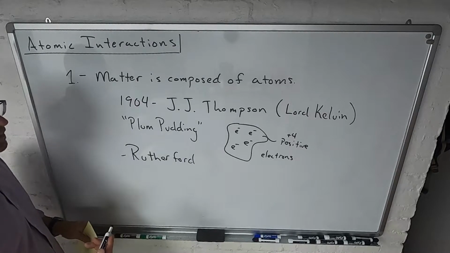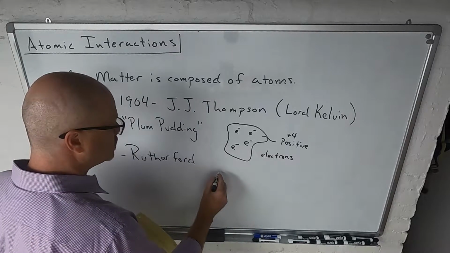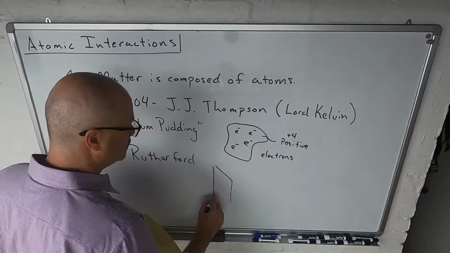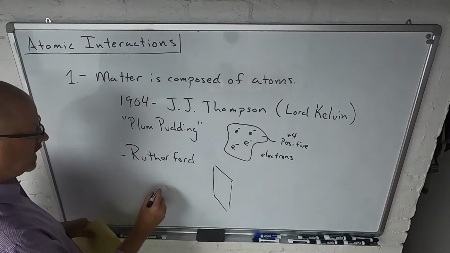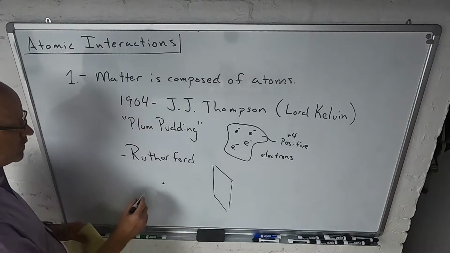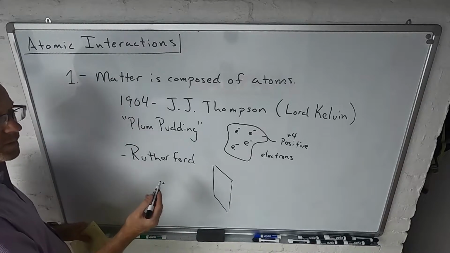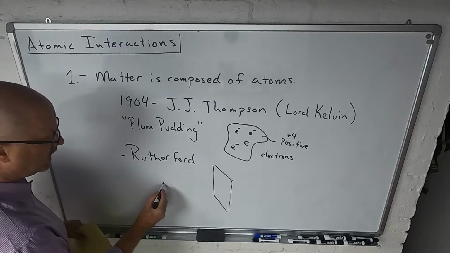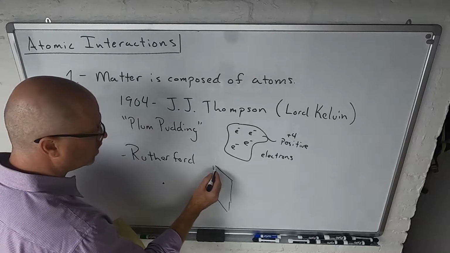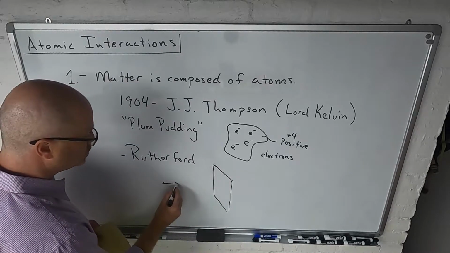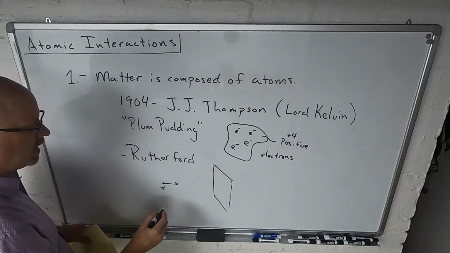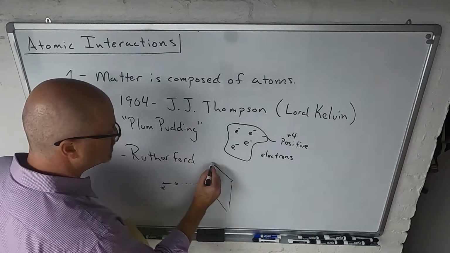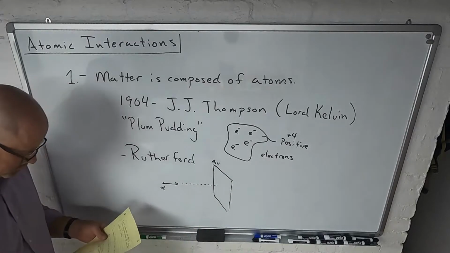And what he did was he said, okay, what I'd like to do is take a thin foil of gold, let's say, and I'm going to take a little accelerator, like the capacitor that you had in your experiment or in your homework, but set in a different way, and he was going to shoot alpha particles at a very high rate of speed towards this very thin gold film.